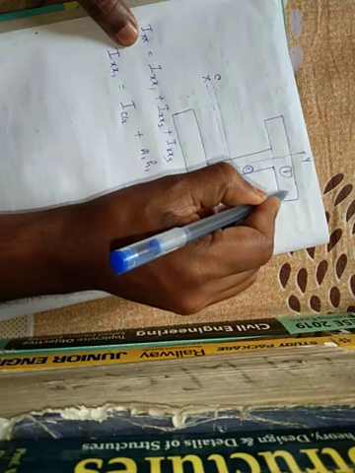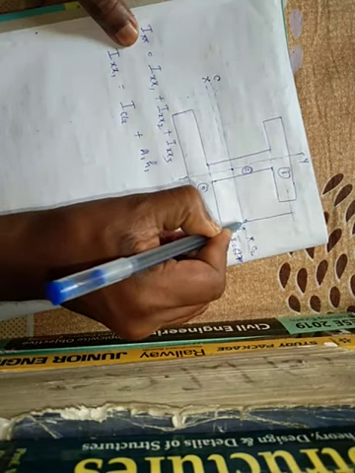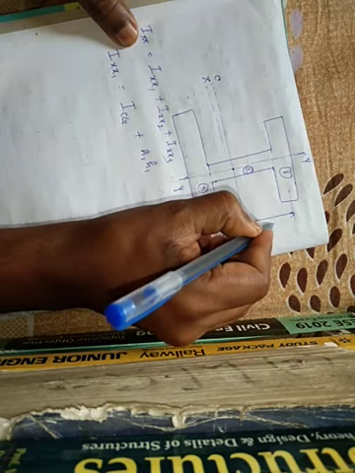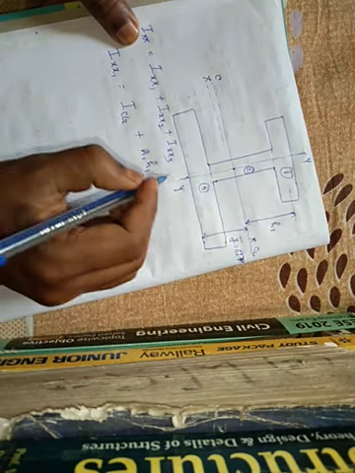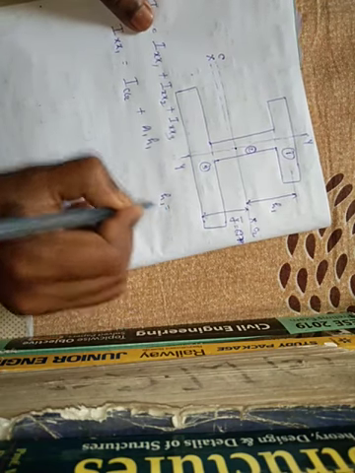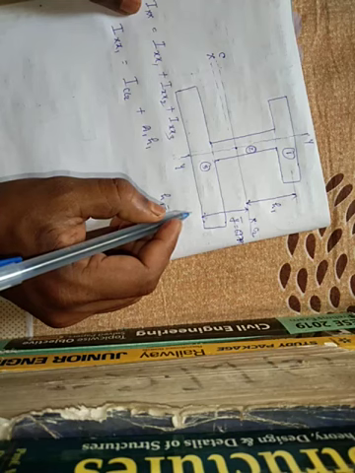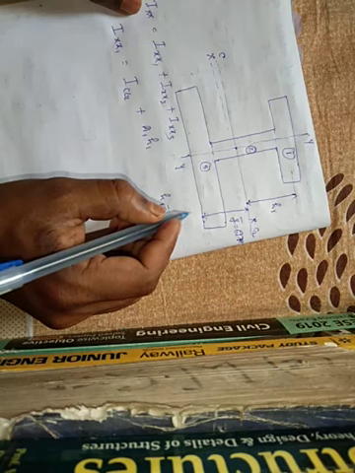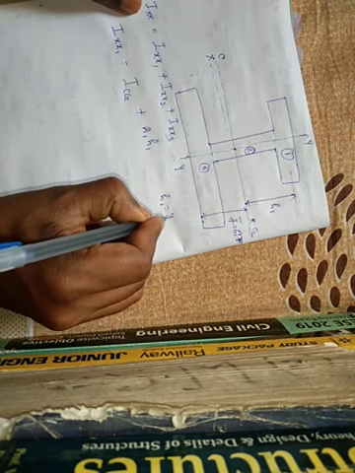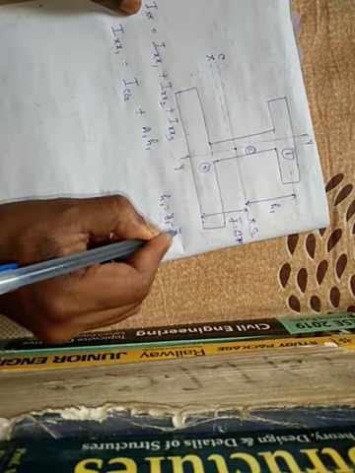H1 is from the center of the top flange to the CG of the whole section. H1 equals y1 minus y bar.